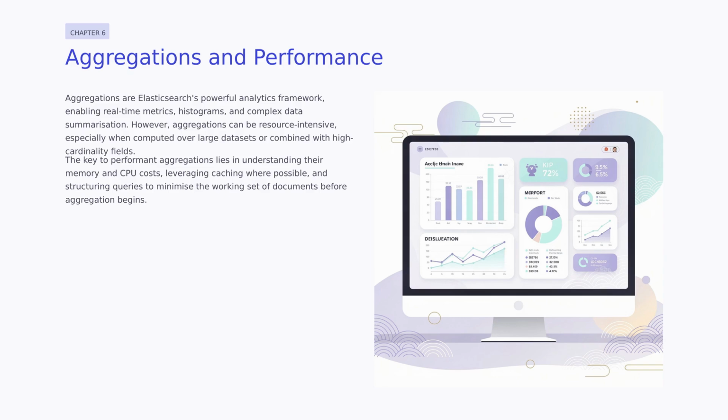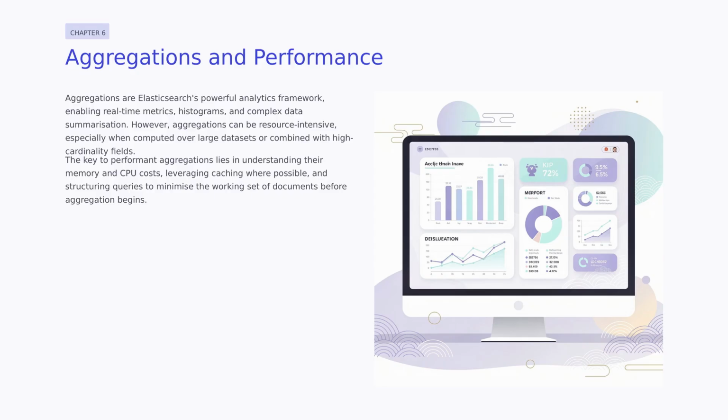Ever wondered how Elasticsearch handles complex data summarization in real time? Chapter 6 dives into aggregations and performance, showcasing the framework's analytical prowess. While aggregations offer invaluable insights, they can strain resources with large datasets or high cardinality fields.